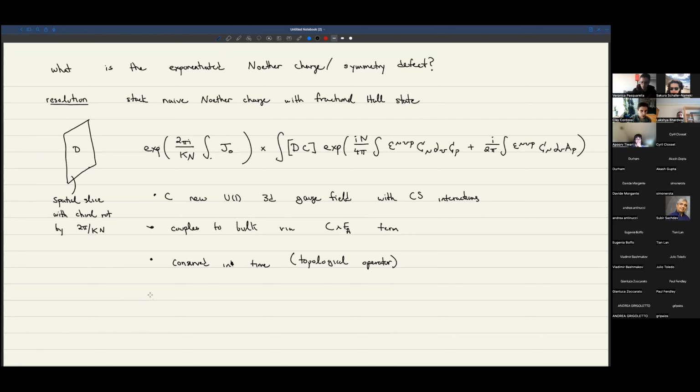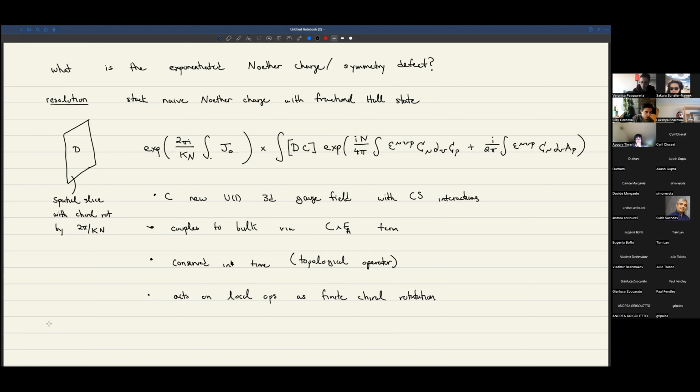And finally, it fulfills the criteria that we want, which is that it explains the selection rules that we found on R4 for local operators, because it acts on local operators as a finite chiral rotation by that angle there.